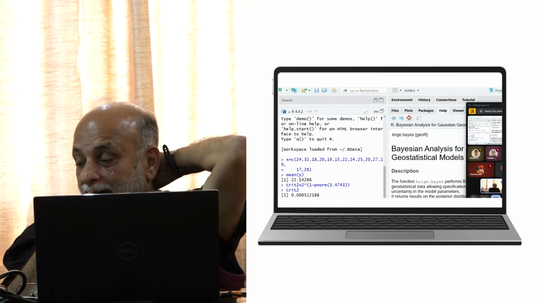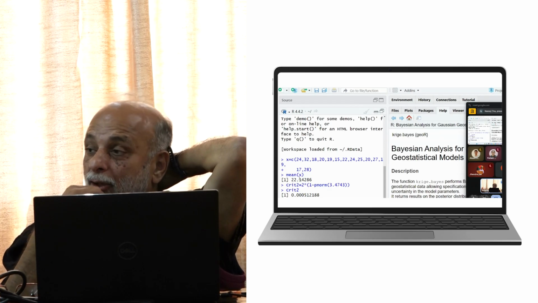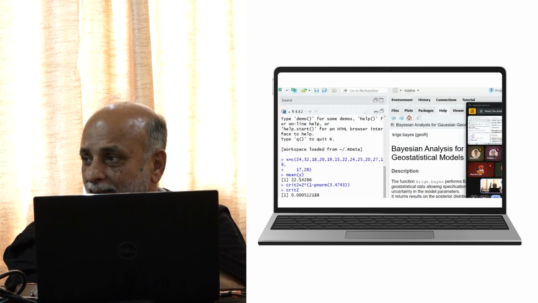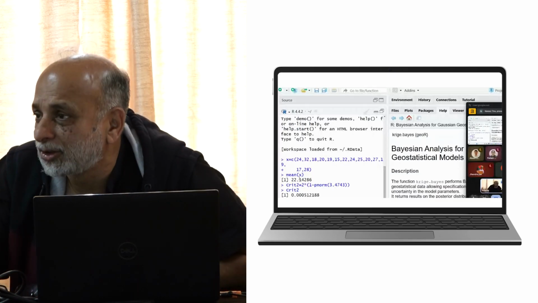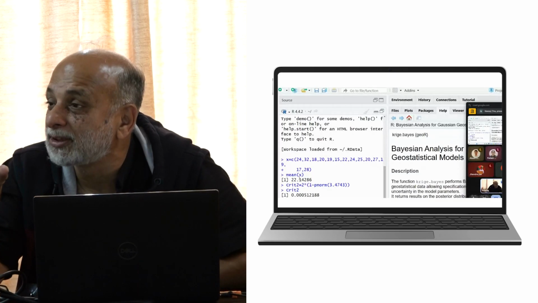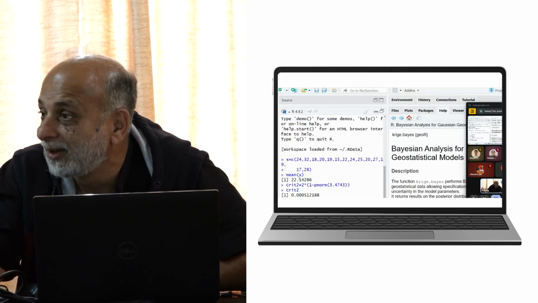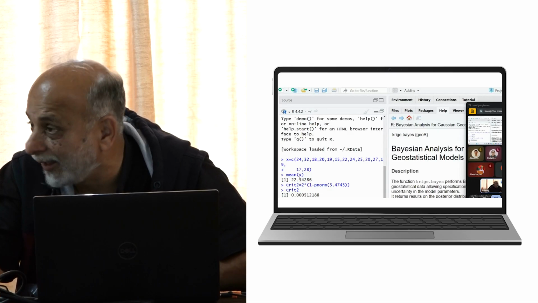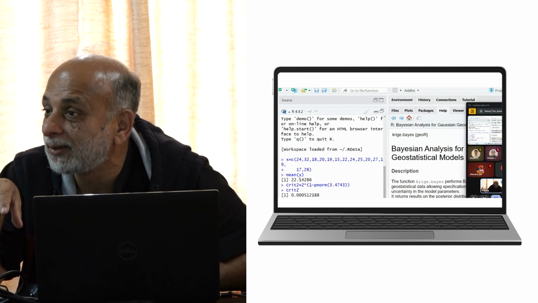Even if you rejected that null wrongly and removed that person to a health camp, the cost wasn't much. But if you failed to reject the null hypothesis when the person was actually infected with COVID, the cost would have been very high. So those costs have to be weighed by the decision maker.